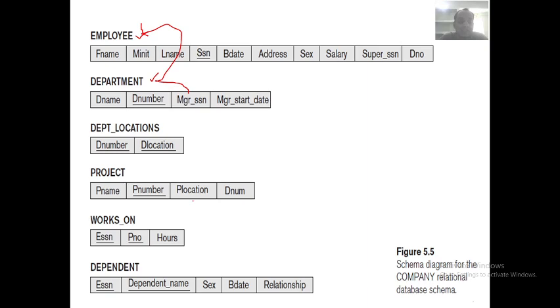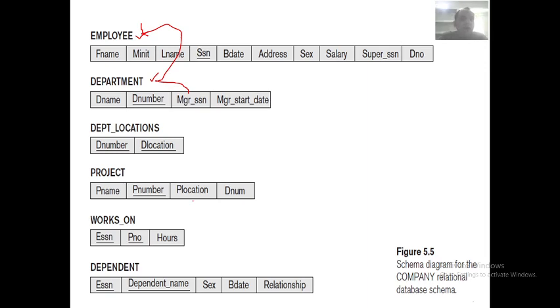These are the attributes, sir. Project is an entity. Then which is the key attribute? Project number, sir. Project number is a key attribute.